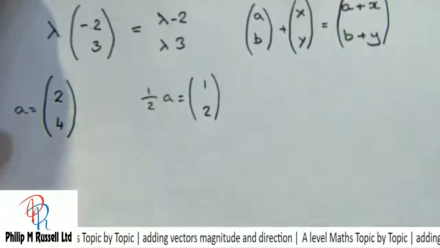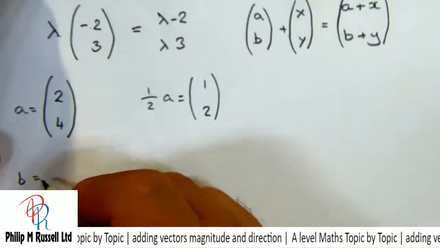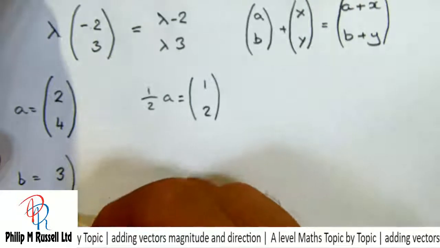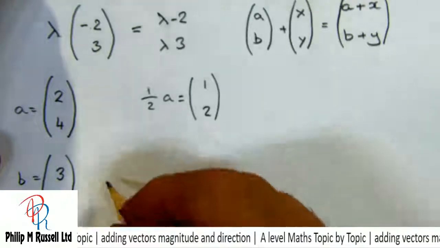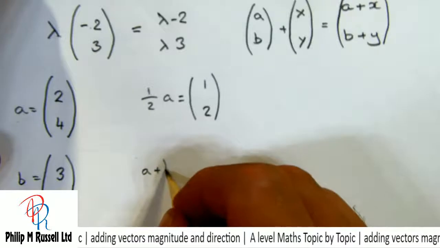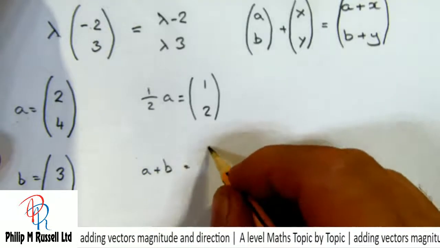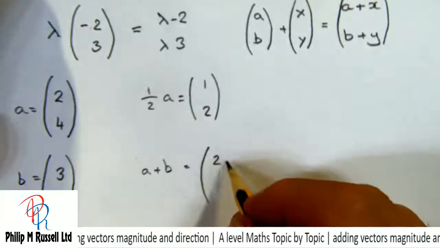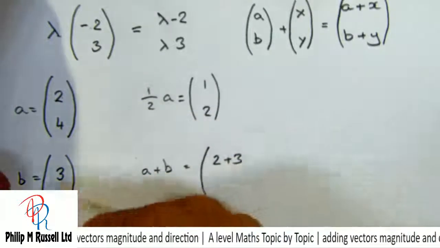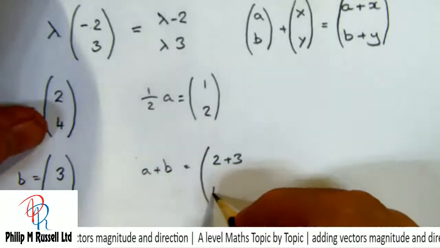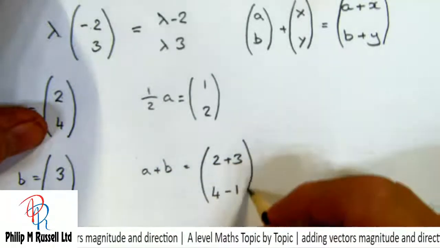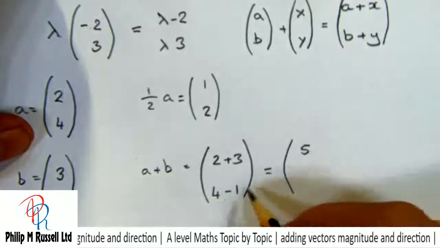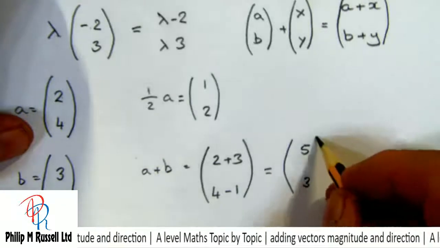If I've got a vector B, and we want a vector of A plus B, then in the same way it's going to be 2 plus 3, and 4 minus 1, which will give us 5, 3.